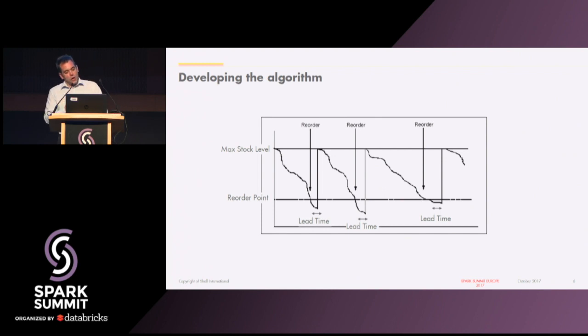And what we want to do there is also estimate the different service levels as well. If it's a really critical part, then you want to make sure that it's available 95 or 99% of the time. Less critical, you can live with 80%. Now, this is commonly referred to as safety stock analysis, and if you look in the literature, 95% of it appeals to parametric assumptions, leads you to normality, right?